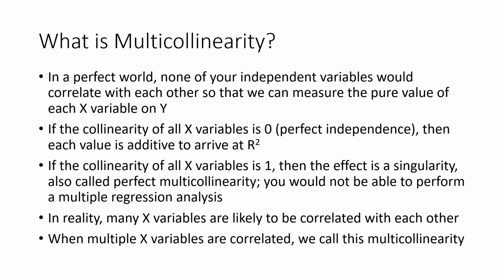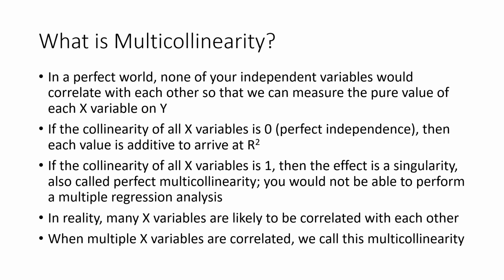Now, if collinearity of all x variables is assumed to be 0, that is to say perfect independence, again this is in a perfect world, then each variable that we add is additive to arrive at r squared. Similarly, if each x variable that we add into our equation is perfectly correlated with each other, if there's a perfect correlation among our independent variables, then we end up with a situation called singularity.